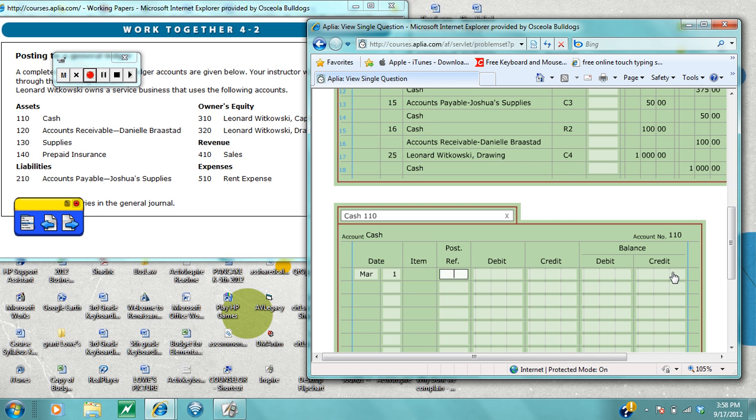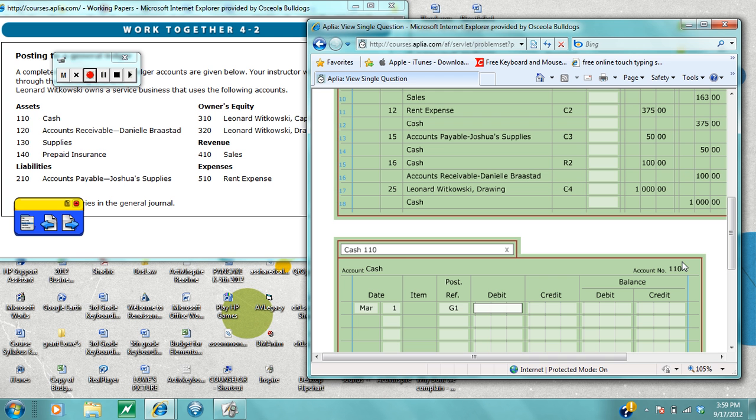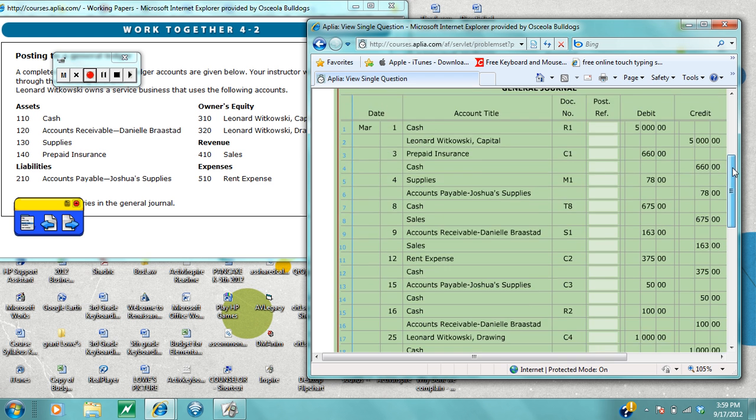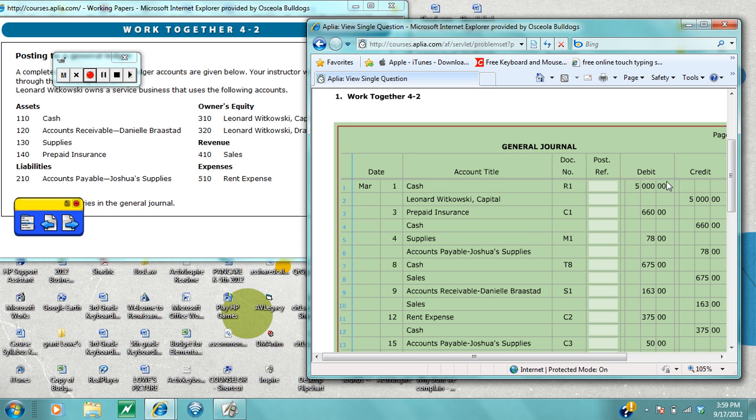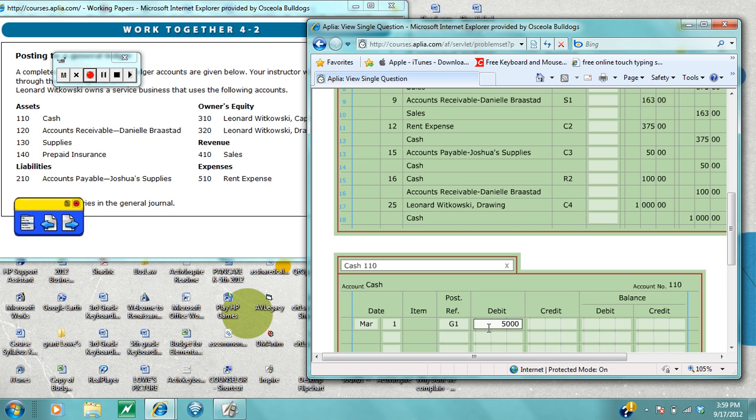So you go down here, G1, and did I say 5,000? Yep. Okay, it's $5,000 debit. How do I know that it's a debit? Well, up here, it's a debit right there. We're taking that number, we put it down here. We add the zeros that are up here.